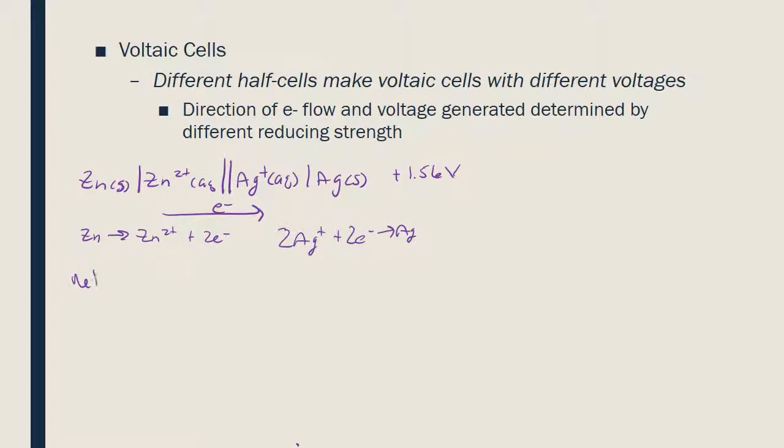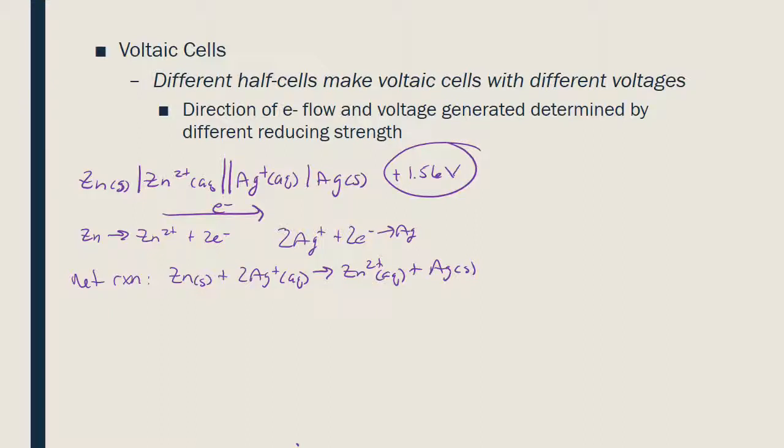So our net reaction is going to be zinc reacting with two silvers to form zinc ions and solid silver at a relatively high voltage.